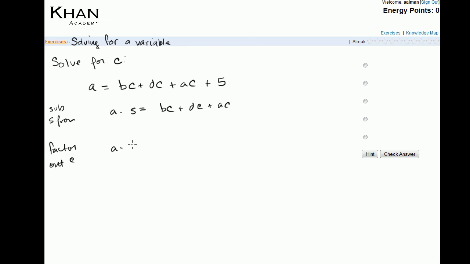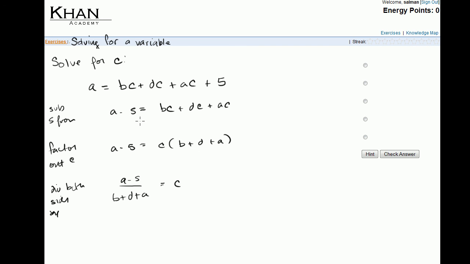And this is a minus 5 is equal to c times b plus d plus a. And then you say divide both sides by b plus d plus a. So then you get a minus 5 over b plus d plus a is equal to c. And obviously you want to change these numbers. Maybe we have numeric coefficients here instead of just letters.